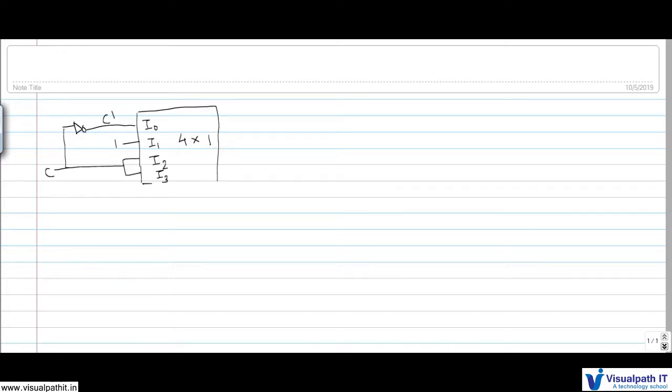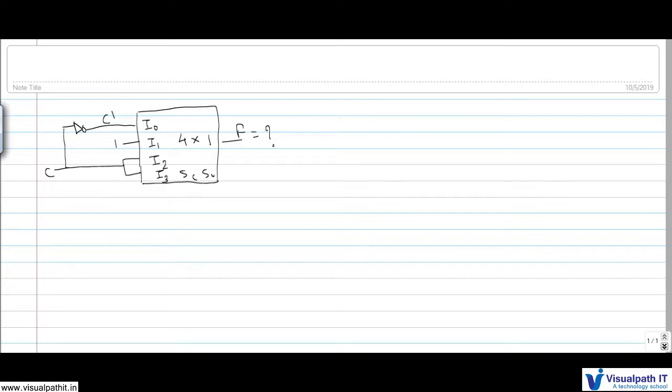I have to find out what is the output of this multiplexer. Now we have A and B in the selection lines as well.